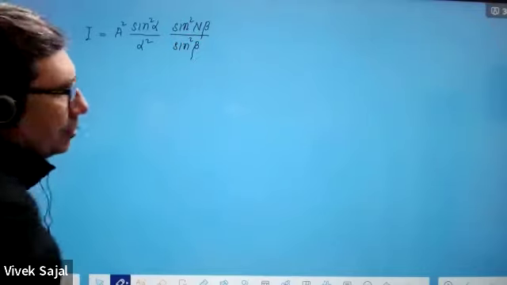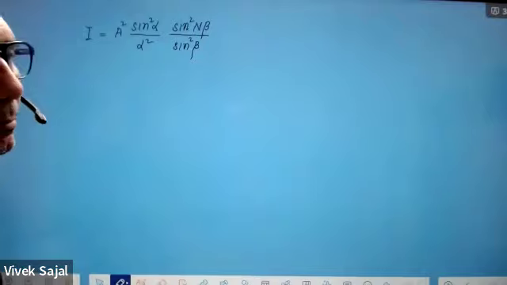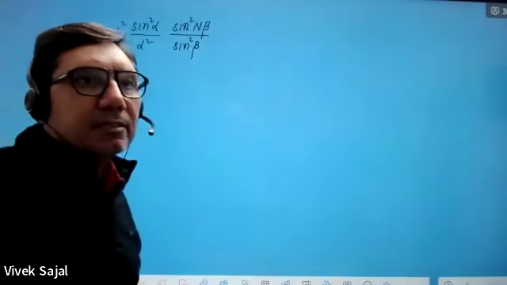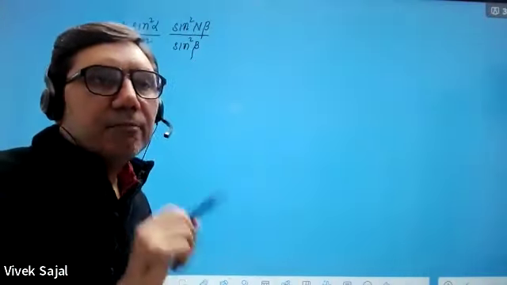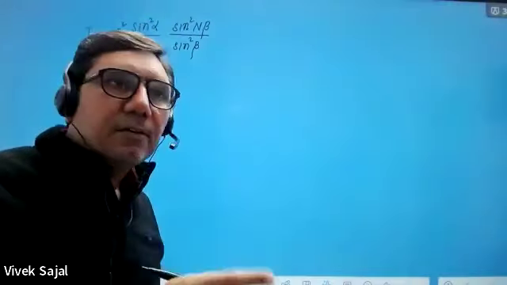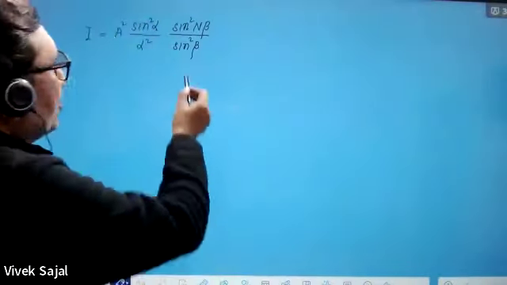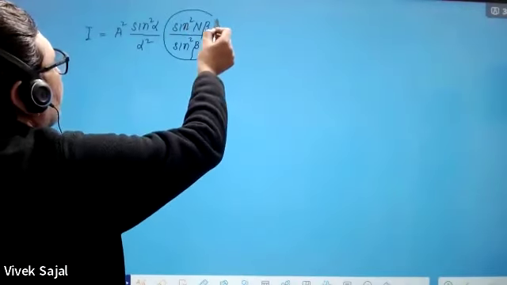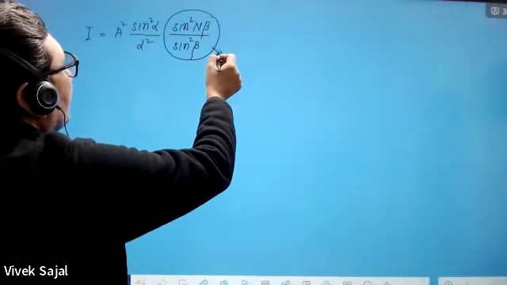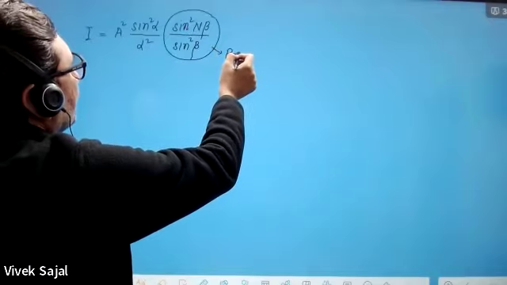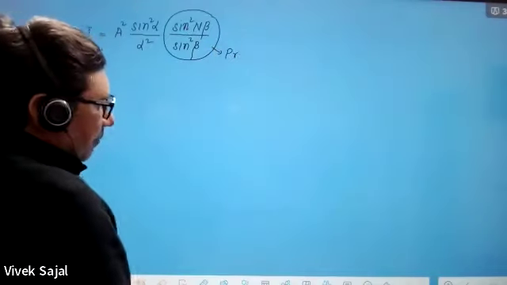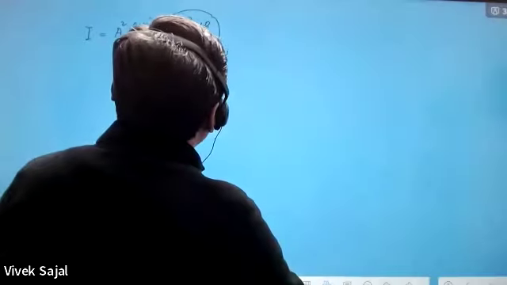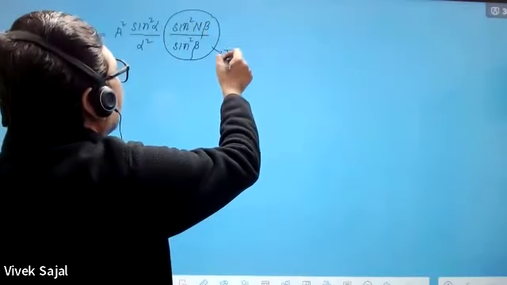Who is deciding the position of principal maximas? They are actually interference maximas, interference principal maxima. So who is responsible for these principal maximas? This term is responsible for principal maximas. So interference, this term is responsible.